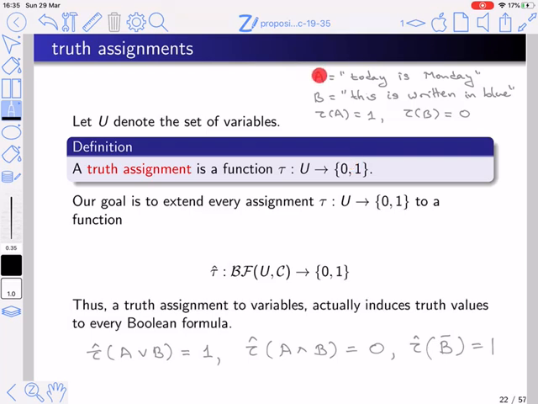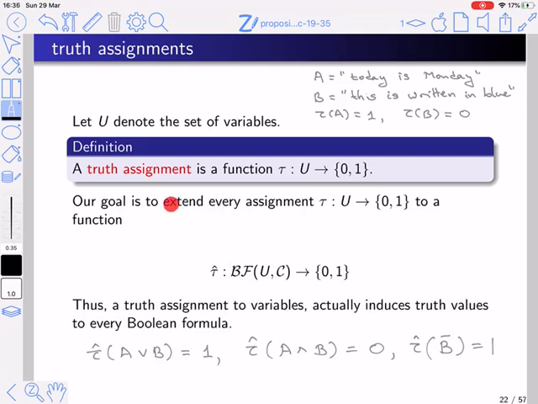A is a variable that denotes today is Monday. B is a variable that denotes this is written in blue. So the truth value of A would be 1 because today is a Monday. The truth value of B would be 0 because this sentence is written in gray, not in blue. Okay? So to every variable, we can assign a truth value.